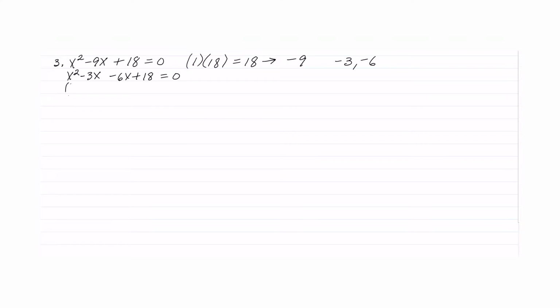So when we split up our middle term here, we go ahead and group it. And we have to put our minus sign out in front of our second set of parentheses, and that's going to necessitate changing our sign on the inside. And we pull out our common factors.